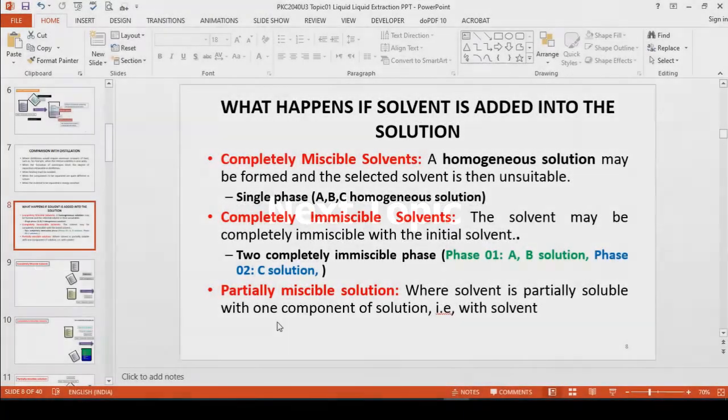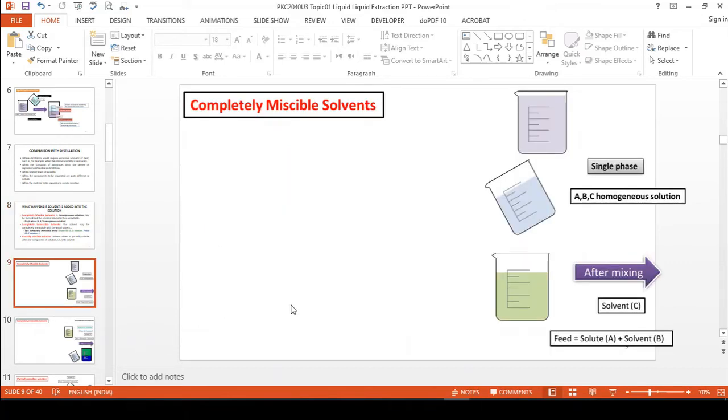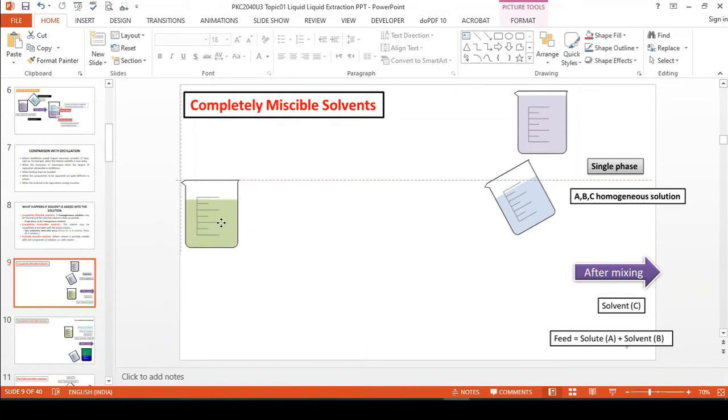What happens if solvent is added to a solution? Let us explain with the help of a diagram. The first possibility of adding the solvent to the solution is complete miscibility.